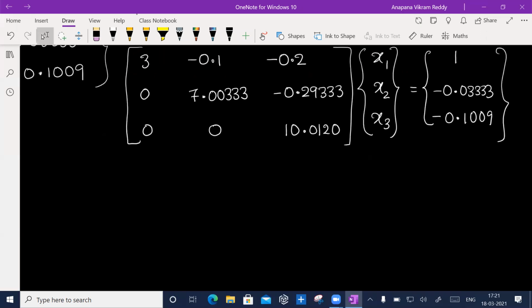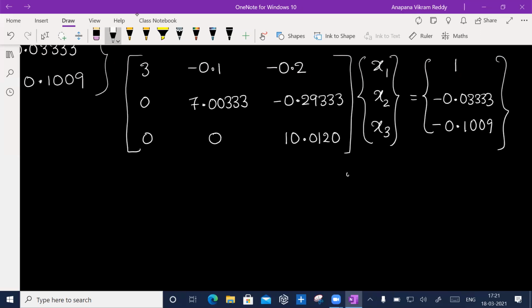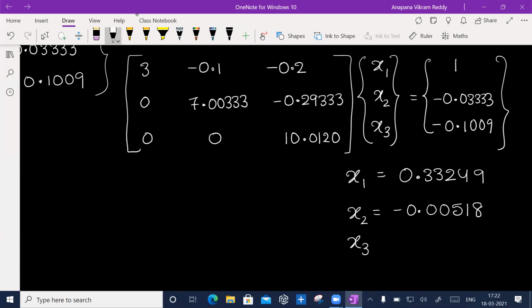If you solve this, you must get 0.33249. Did you get like this? 0.33249, and x2 is equal to negative 0.00518. And what about x1?